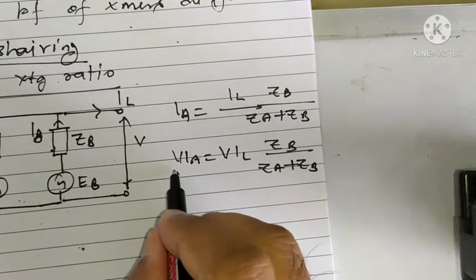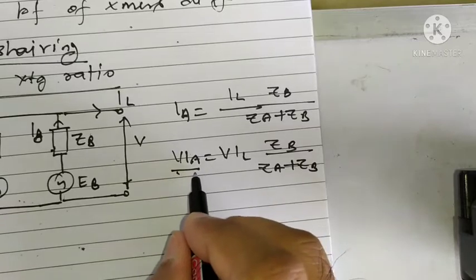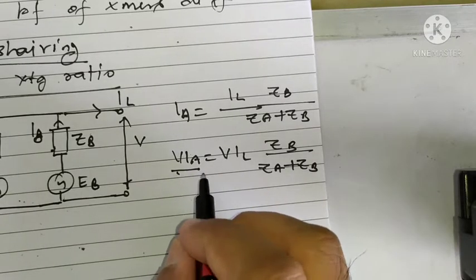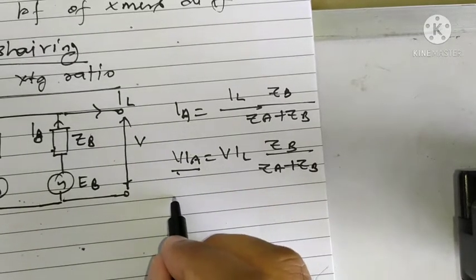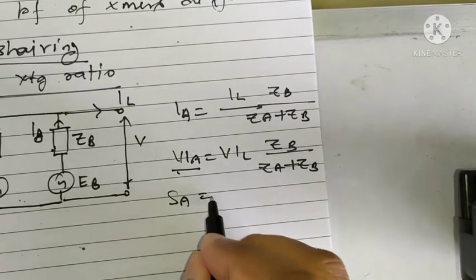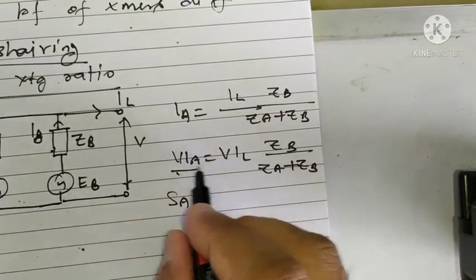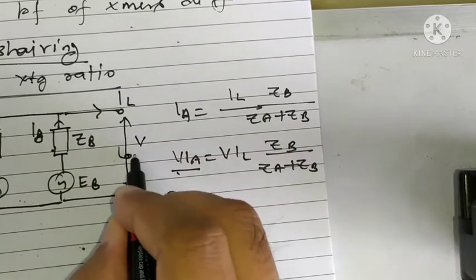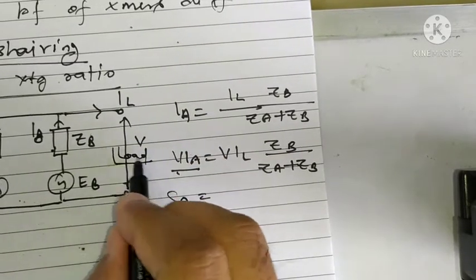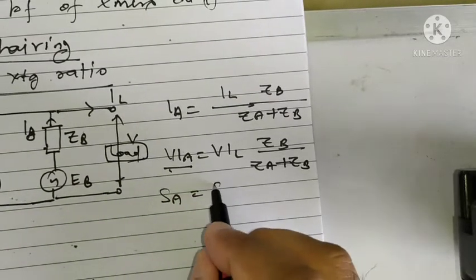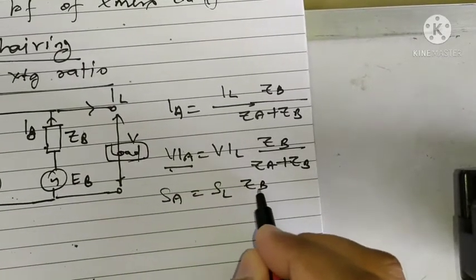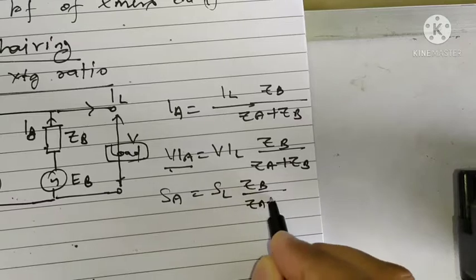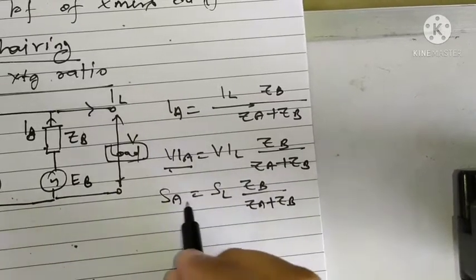Since VI is the kVA or volt-ampere rating, I can write the kVA of transformer A, SA, equal to the load kVA, V into IL, which is SL, into ZB by ZA plus ZB.